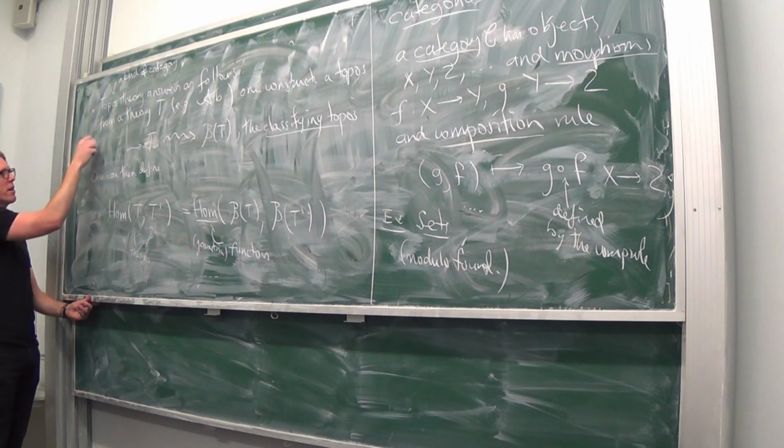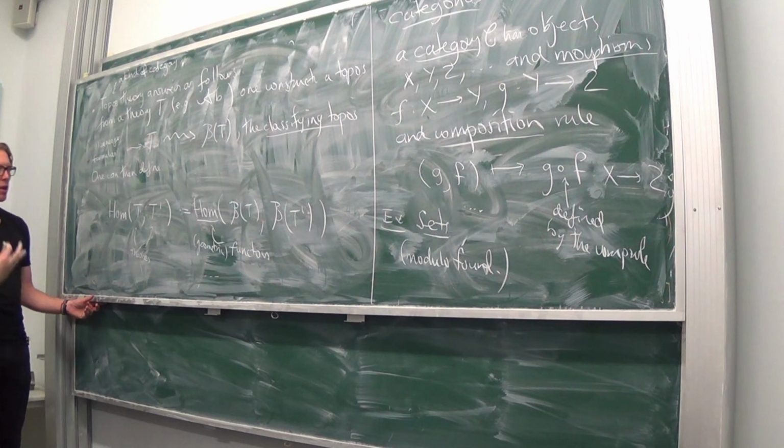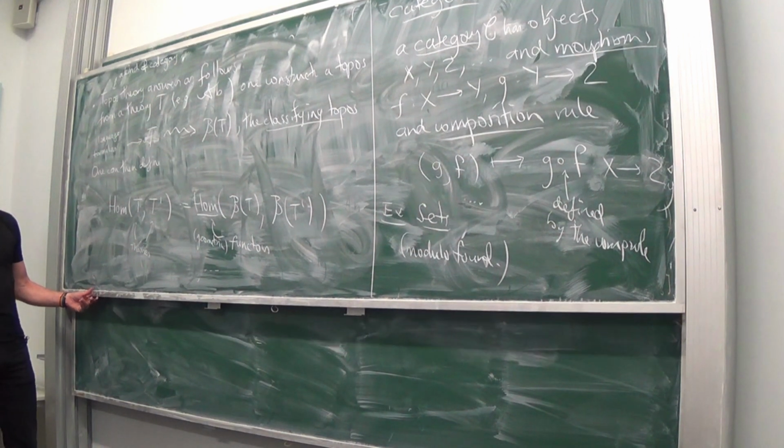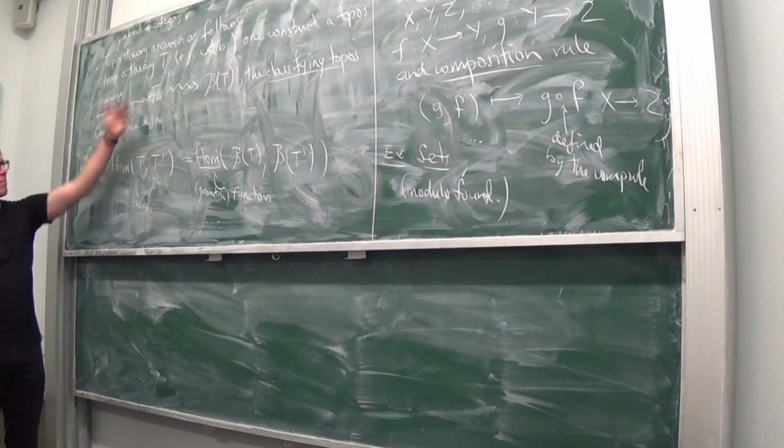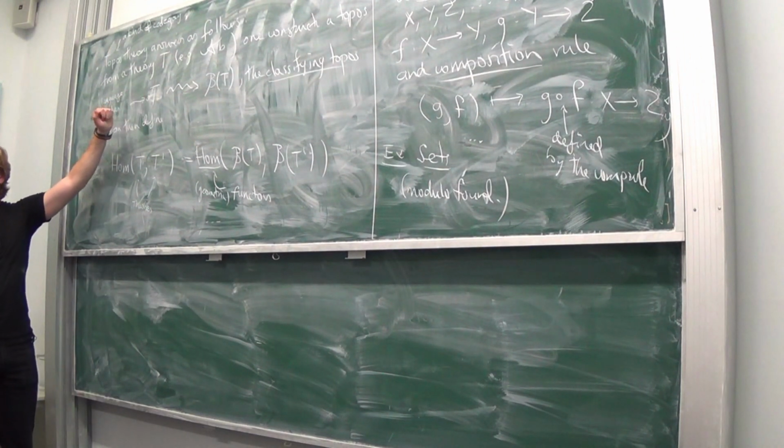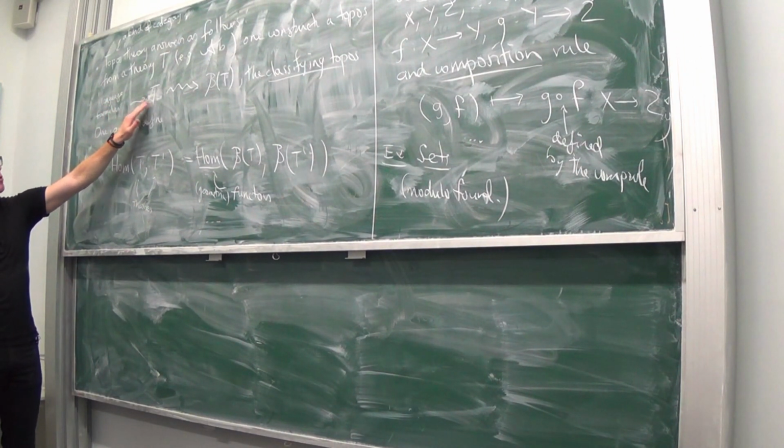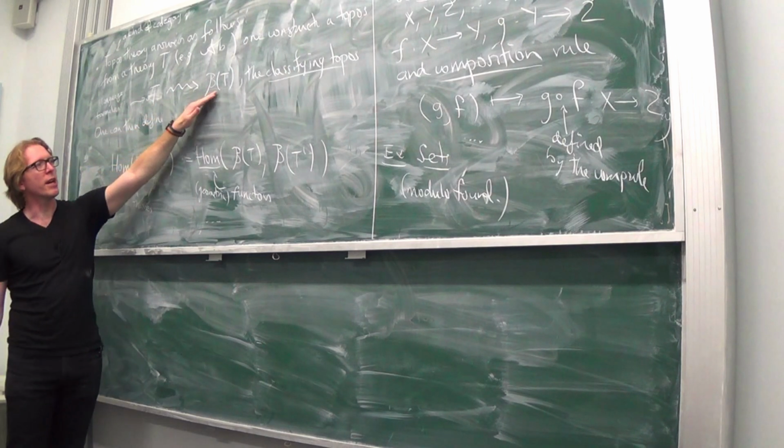By a theory, I'm just going to mean some first order language, and some formulas in that language, which are the axioms. So it's a purely logical object. It's usually called a first order theory. Okay, and to that first order theory, I'm supposed to attach a category.